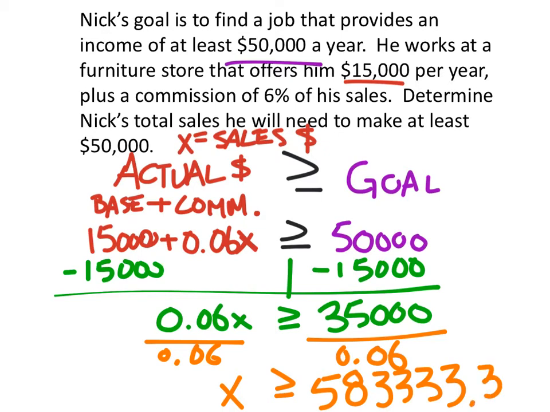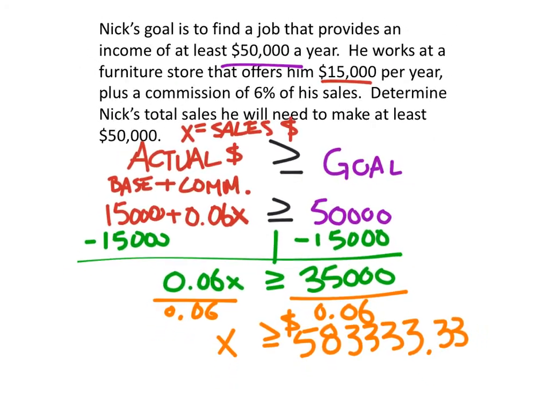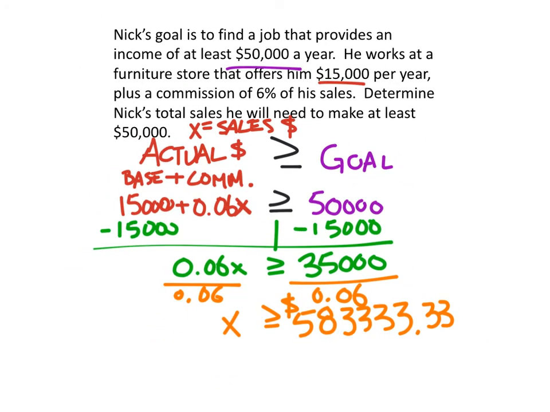And also 33 cents. Now again, that's his sales amount. So how much does he have to make in sales? At least $583,333.33. I'll write it down.